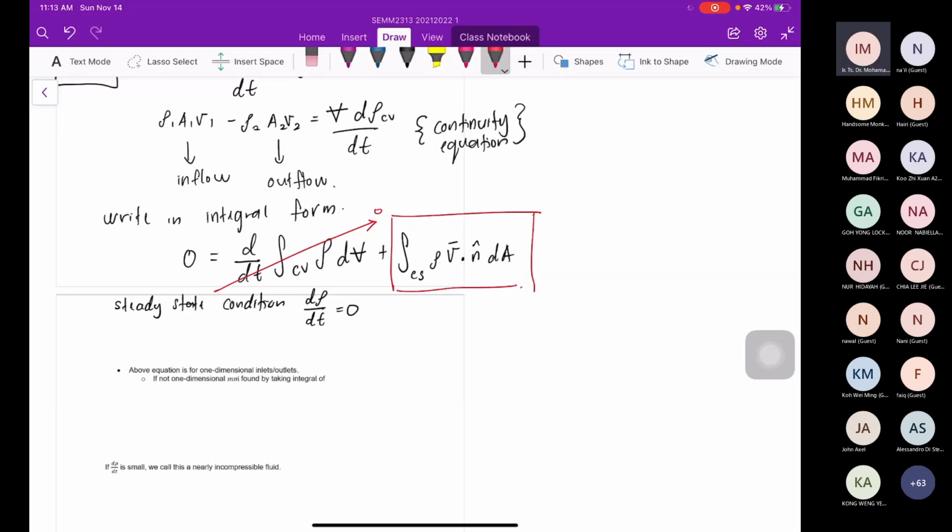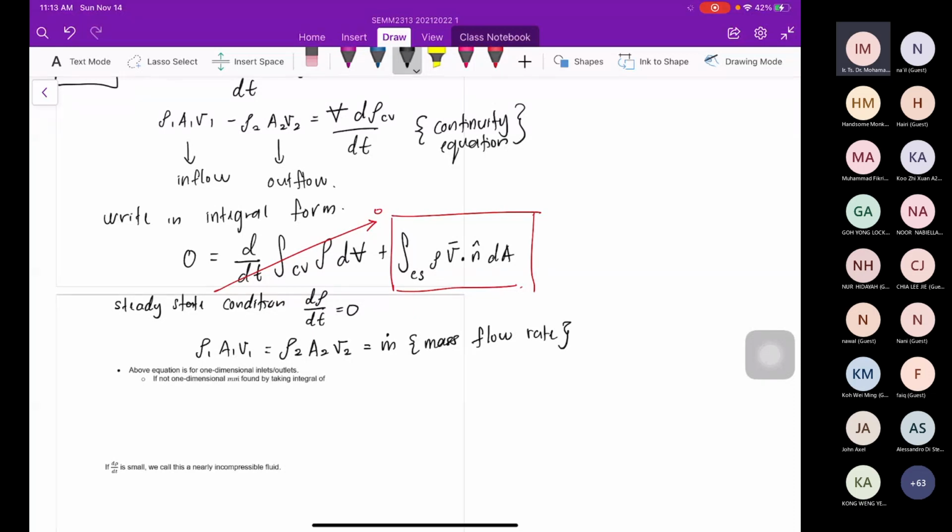So when this control surface term equals 0, we can write it in the form of rho 1 A1 V1 equals rho 2 A2 V2, which is equal to m dot, the mass flow rate.